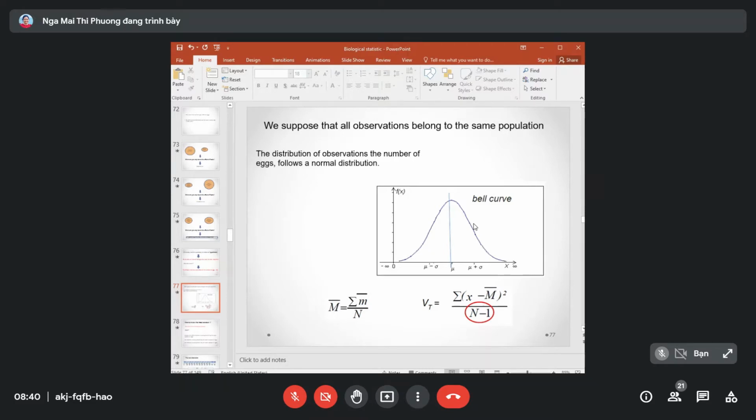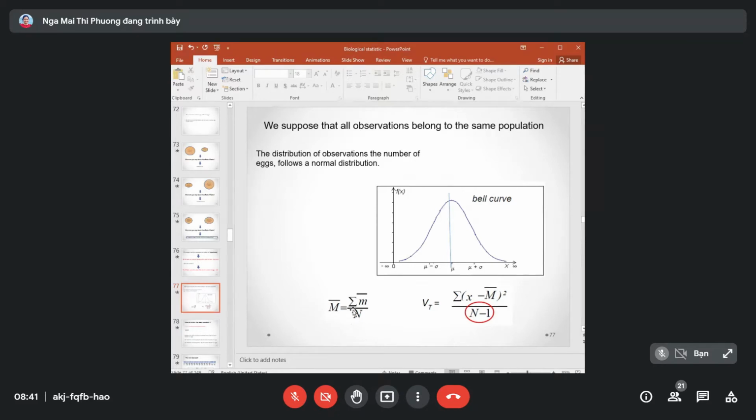There are different parameters that we need to calculate in order to perform the ANOVA. First is the big mean. What is the big mean here? You see the equation. The big mean equals the sum of the small means divided by n.